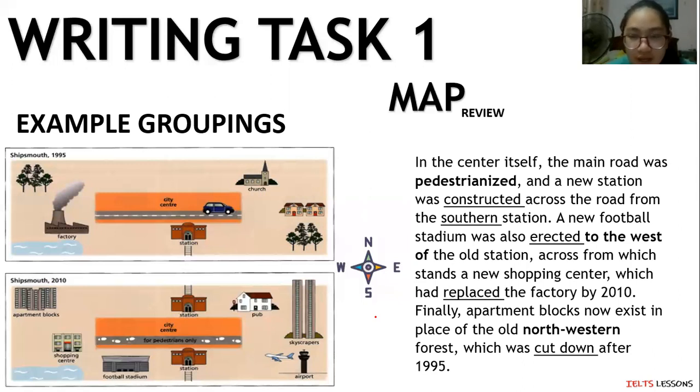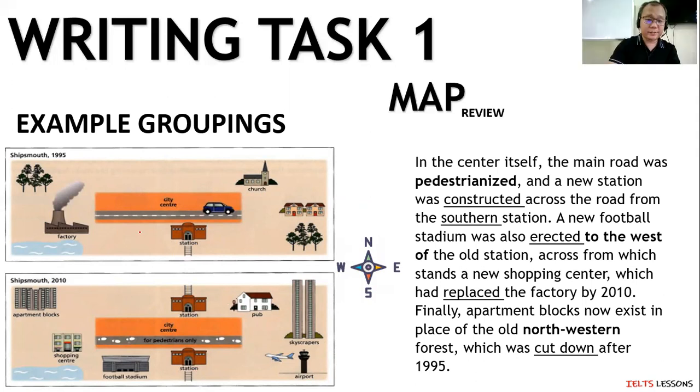From the southern station, a new football stadium was also erected to the west of the old station, across from which stands a new shopping center, which had replaced the factory by 2010. Finally, apartment blocks now exist in place of the old northwestern forest, which was cut down after 1995.